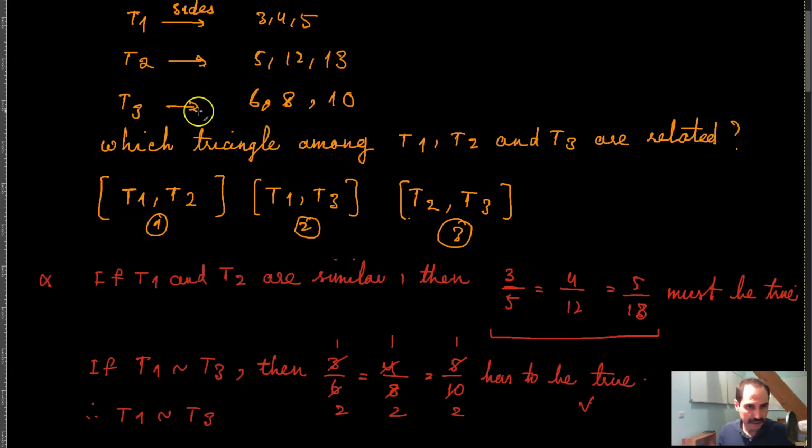And also by the same logic, you can say that if T2 and T3 are similar, then these ratios have to be the same, which is not true, meaning that 5 to 6 is not the same thing as 12 to 8. So T2 and T3 are not similar. This is not similar either. These two are similar. So then you can say that T1 and T3 are related because they are similar triangles.